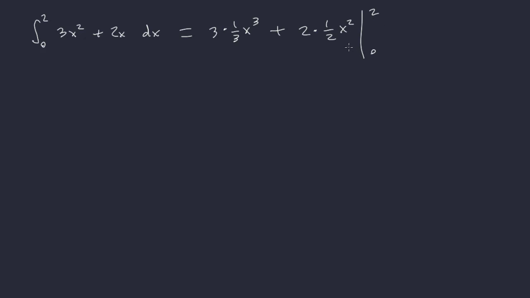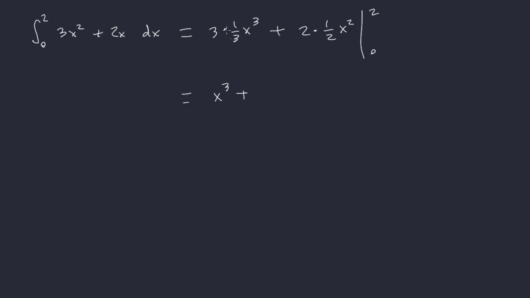So remember, this bar is how we write that fundamental theorem of calculus idea that we're going to be plugging in the 2, plugging in the 0, and taking the difference.